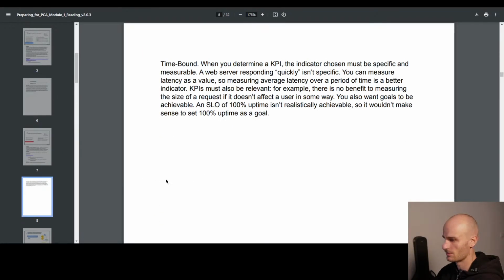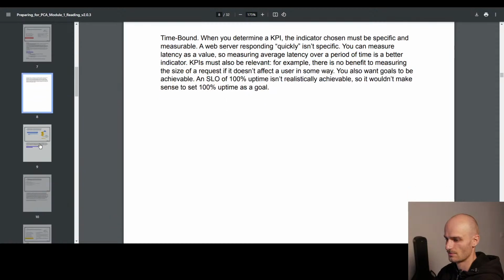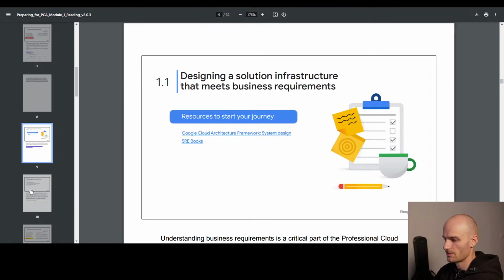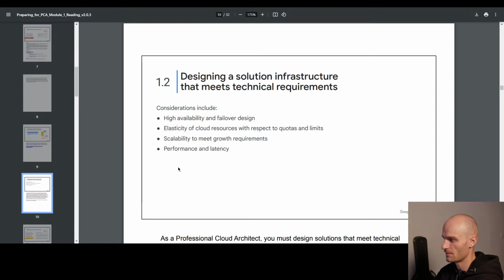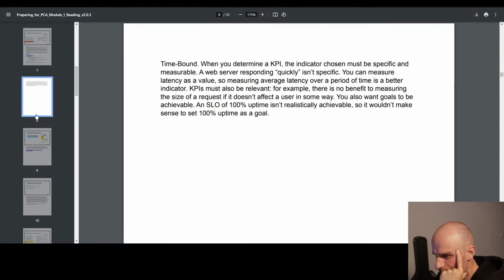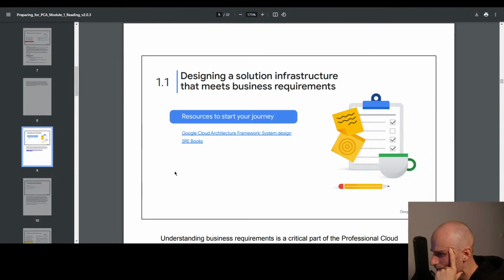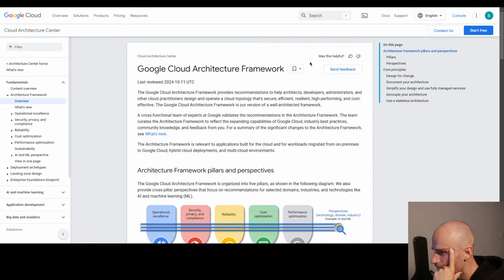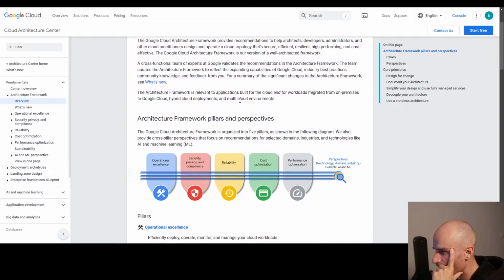Okay, so design a solution, blah, blah, blah. Design a solution, that means technical requirements. Sorry, but I'm a bit lost. Here we have 1.1 question 2. What is this? Interesting.